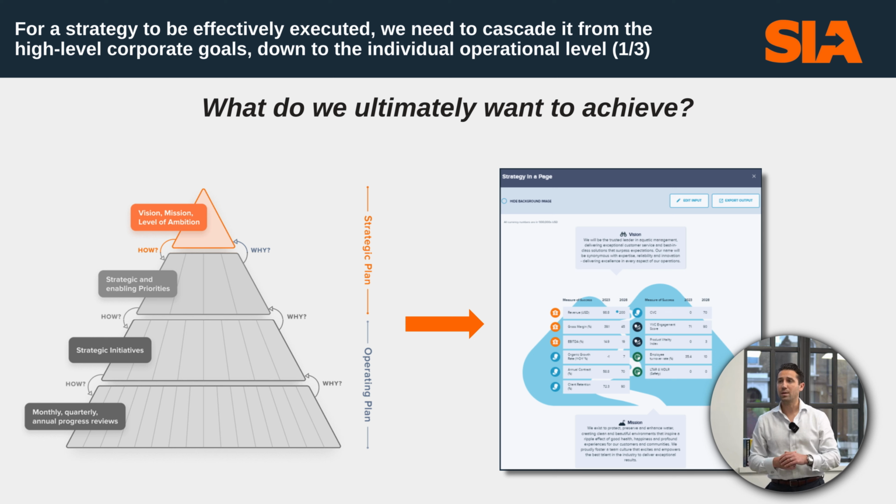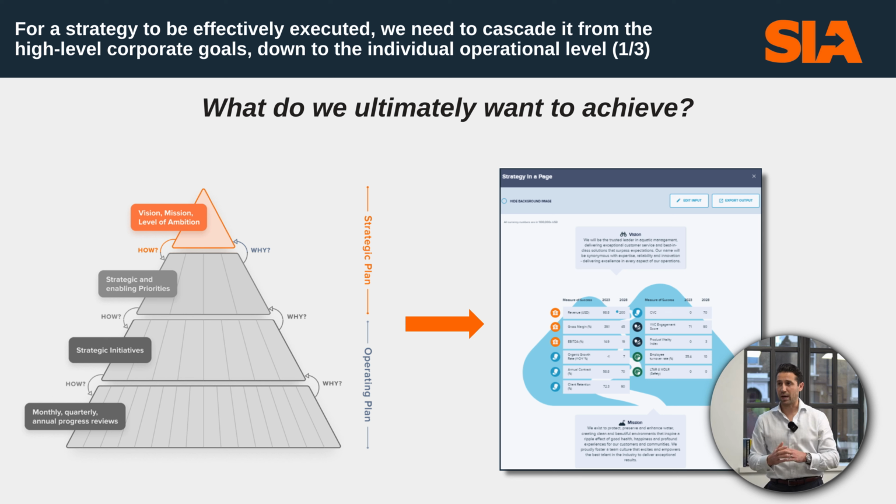The first component is our vision, mission, and level of ambition, that very tip of our strategic plan. Our vision, mission, and level of ambition is ultimately saying, what do we want to achieve? Where do we want to go? What does winning, what does success mean and look like for us as an organization? And the way in which we represent this is through something that we call the strategy on a page.